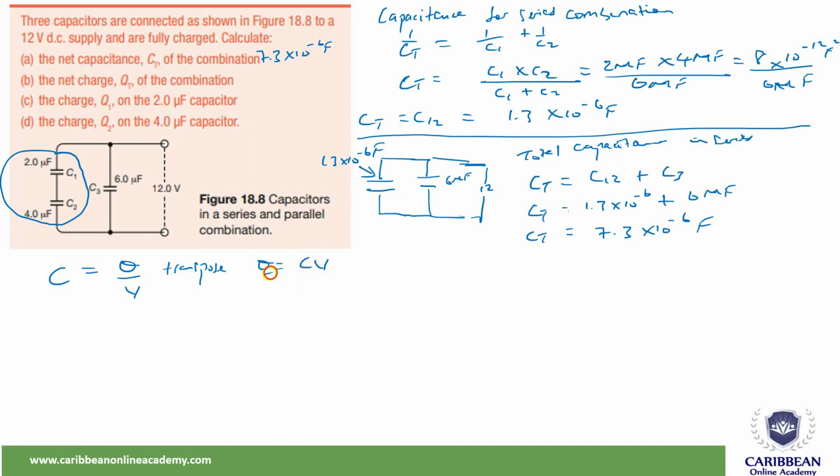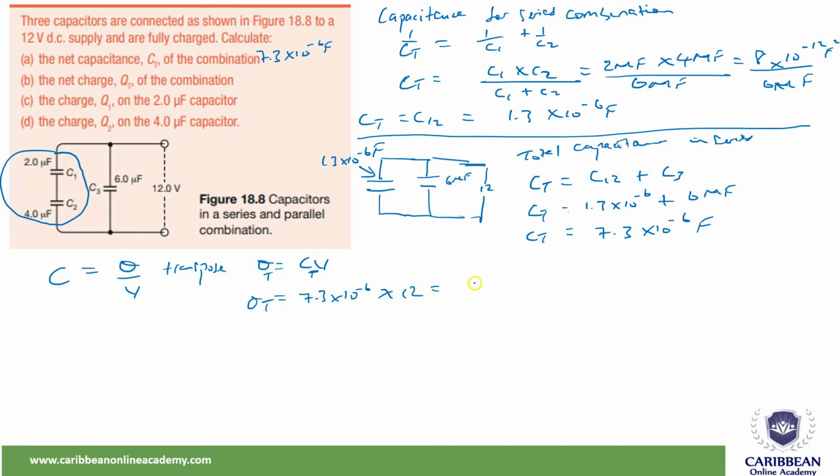Good. So by way of just doing the mathematics, in this event we're finding QT. We can use the total capacitance times the voltage to find the total charge. So with that being said, our total capacitance was 7.3 times 10 to the minus 6 times the voltage, which is 12 volts. So QT is nothing more than this particular value.